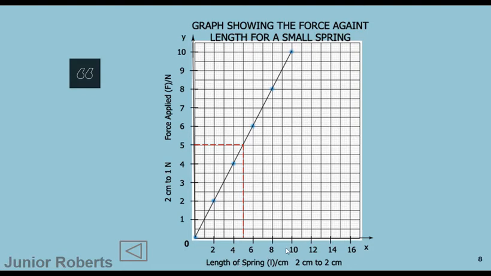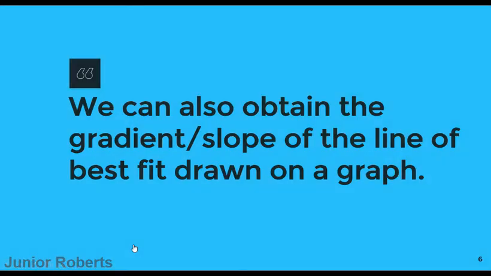I'll start out at 9 right here, go up to the line of best fit, and then go across to my y-axis. I'm seeing that when the length of the spring is 9 centimeters, the force applied is also 9, in this case 9 newtons.